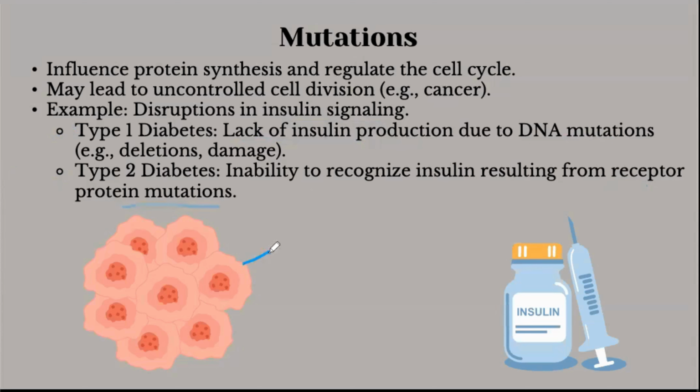So outside the cell, we have that receptor and it's not recognizing the insulin, therefore unable to produce the correct cellular response. So these are just some examples of how mutations can alter the final cellular response in the signal transduction pathway.